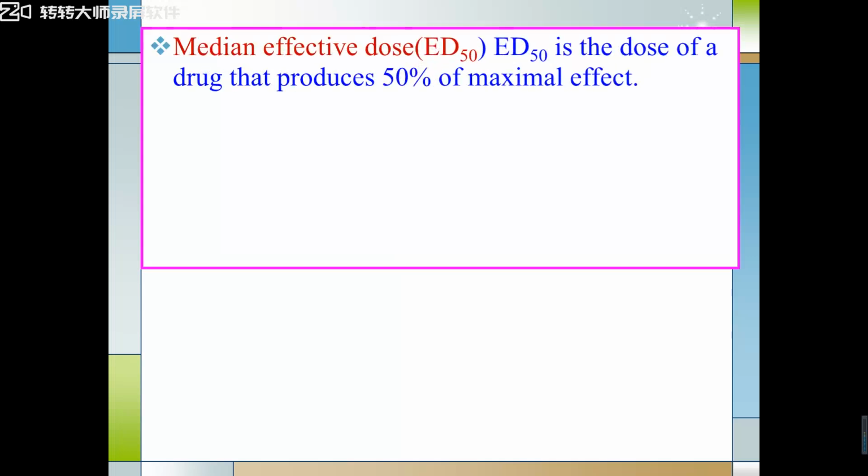Before we study LD50, we should review these professional terms, such as ED50. Median effective dose is the dose of a drug that produces 50% of maximal effect.